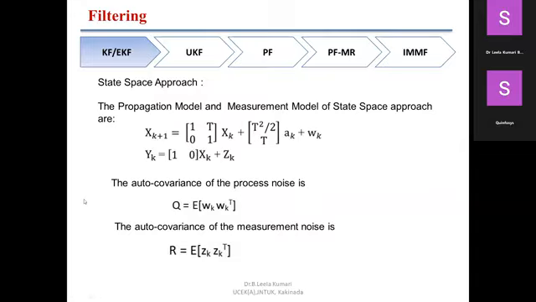It tells you if they increase together, positive covariance. If one increases while the other decreases, negative covariance. If they are independent, zero covariance. So these covariances indicate the noise interference in the system.